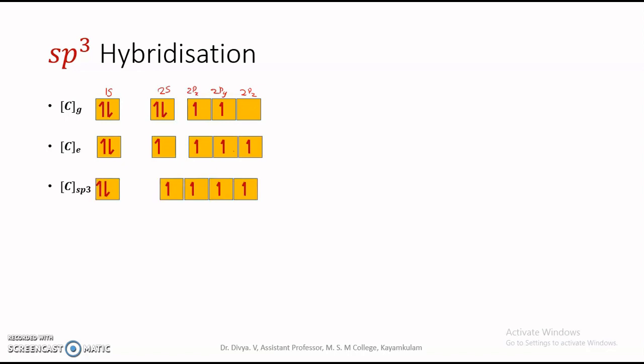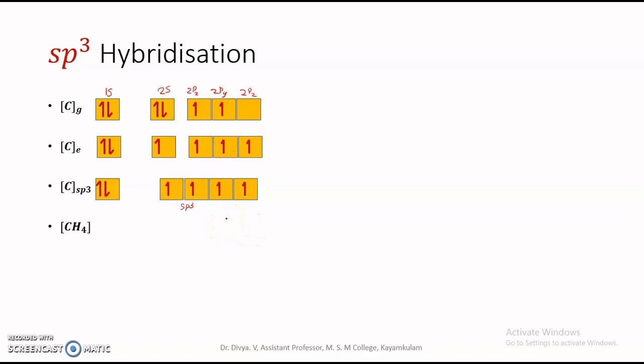Here one 2s orbital and three 2p orbitals hybridize to form 4 sp3 hybrid orbitals, of equivalent energy and identical shapes, and these are directed towards fixed positions in space.